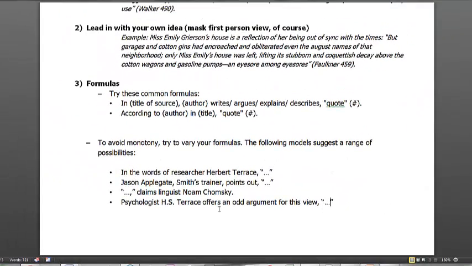So you'll see that where you lead in or where you analyze or describe the quote can go at the beginning, the middle, or the end of the quote. So sometimes you'll see that quotes are interrupted, and that would be in the middle.